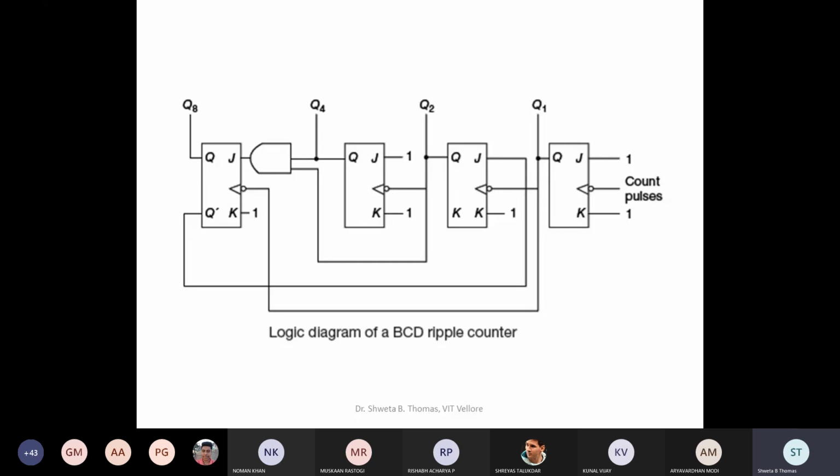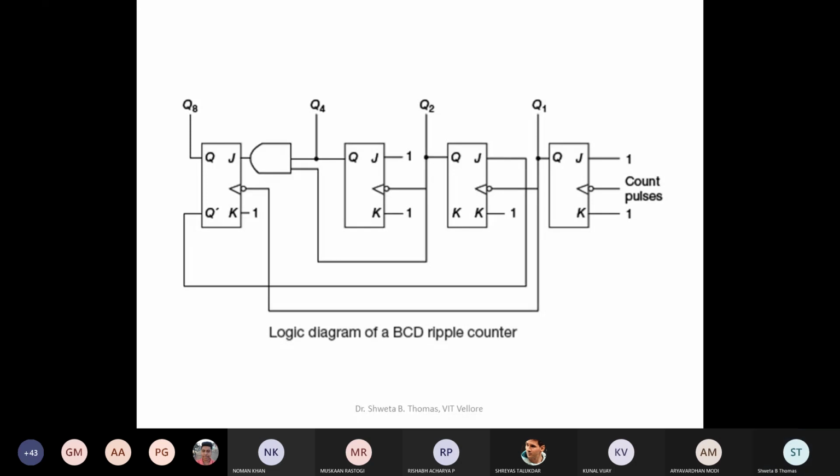Okay, that's why Q8 and Q2 will trigger when Q1 goes from 1 to 0. Just see the circuit. If you see Q4, Q2 is given to Q4. So Q4 will trigger when Q2 goes from 1 to 0. So for Q1 and Q2, there is no confusion. This is as it is.